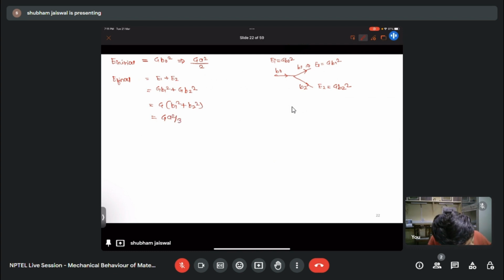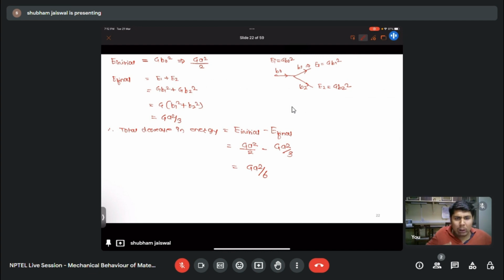So the total decrease in energy is given by initial energy minus final. E initial is G a square by 2 minus G a square by 3. So if we solve, we will get the answer as G a square by 6.